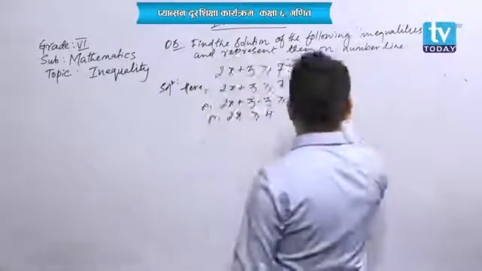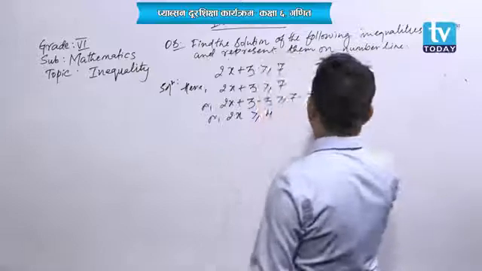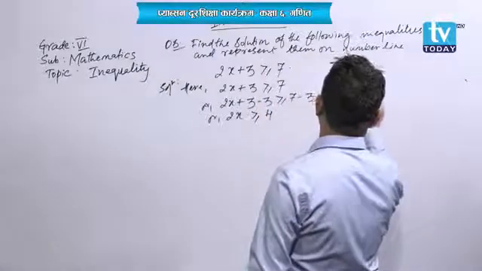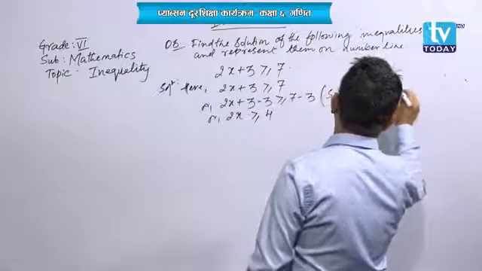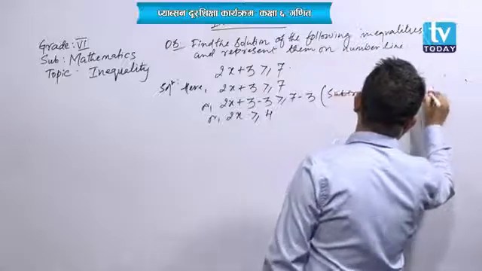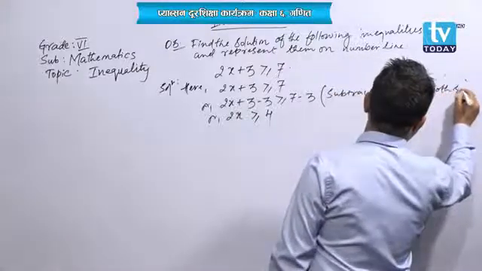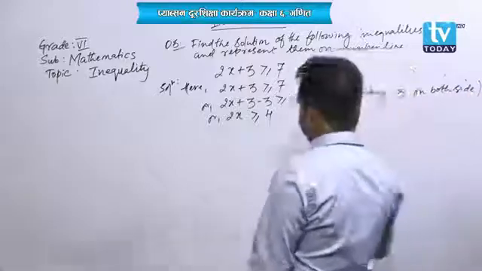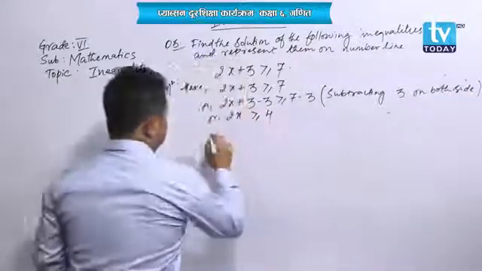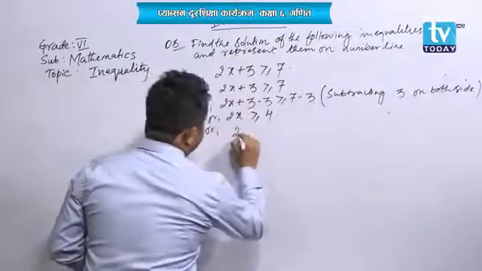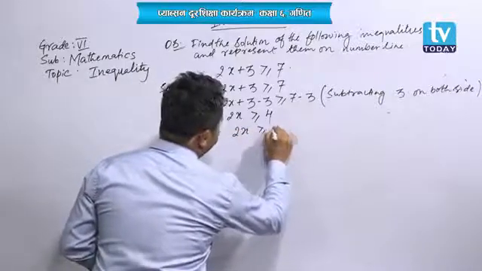You can write the result also, subtracting 3 on both sides. Now, 2x greater than equals to 4.